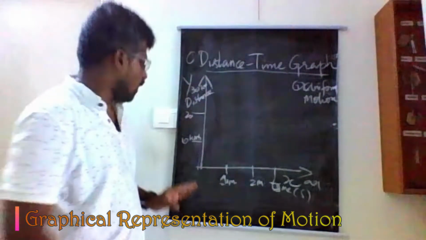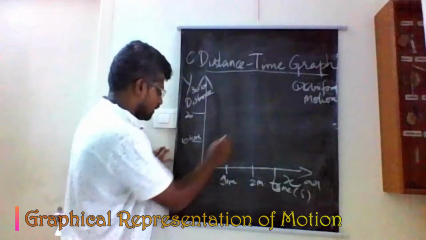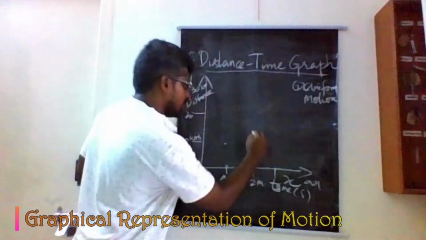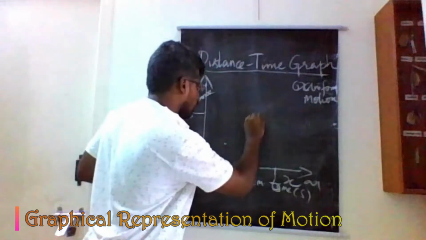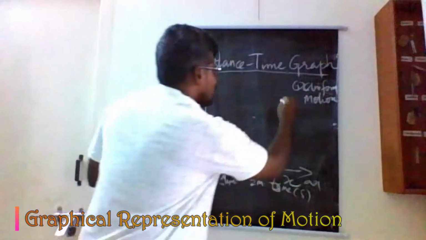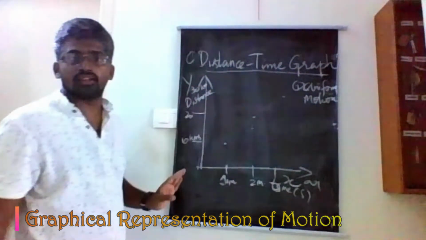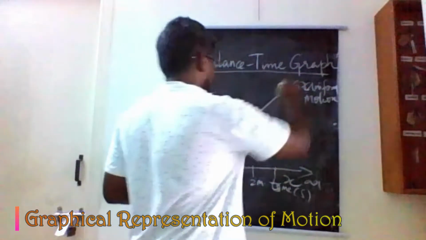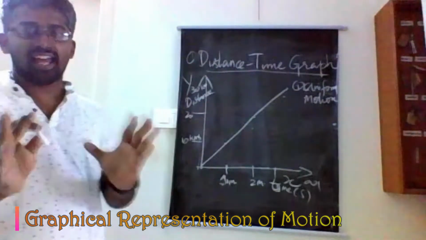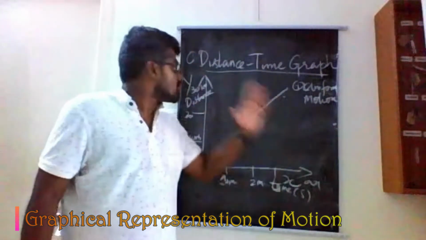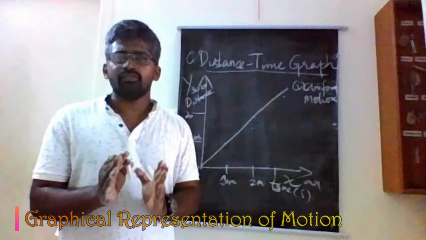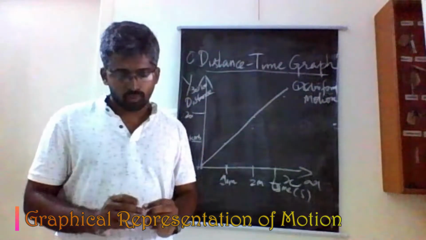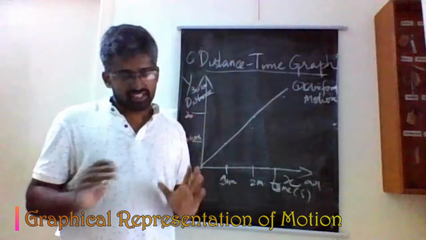That means in 1 minute, it covers 10 kilometers, in 2 minutes 20 kilometers, in 3 minutes 30 kilometers. When I plot this, it will come as a straight line. So a straight line is the graph for uniform motion.